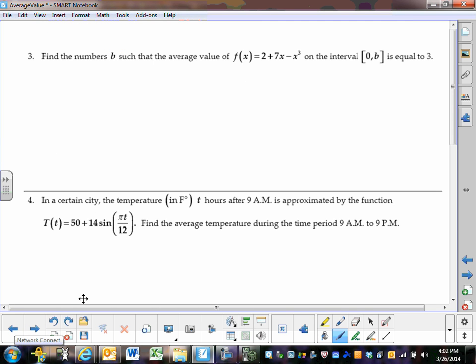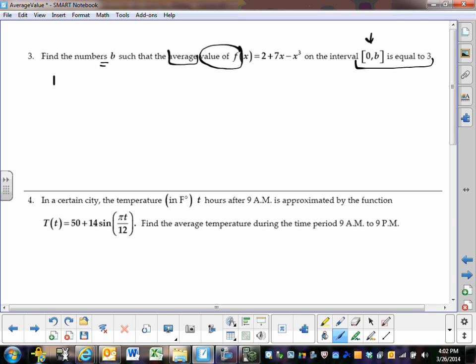Okay, for this next one it says find the numbers b, so there's more than one number, such that the average value, but the value of f, not the slope of f, the value of f, on the interval 0 to b is equal to 3. Okay, one thing to notice is that the numbers have to be on the interval 0 to b, so they have to be between 0 and b. So basically we have to have b be a positive number.